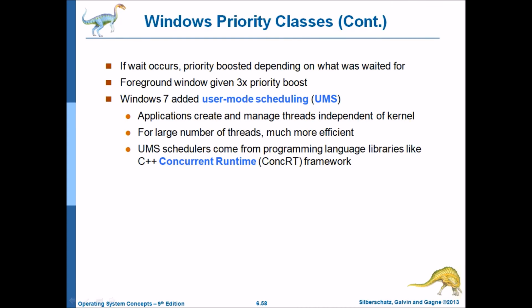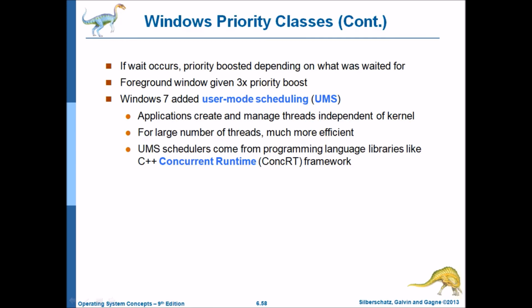Next, we go to UMS. Windows 7 introduced User Mode Scheduling, or UMS, which allows applications to create and manage threads independently of the kernel. For an application that creates a large number of threads, scheduling threads in user mode is much more efficient than kernel mode thread scheduling, as no kernel intervention is necessary.